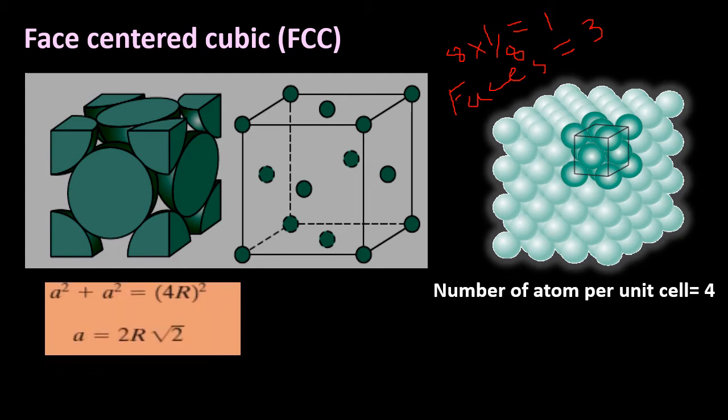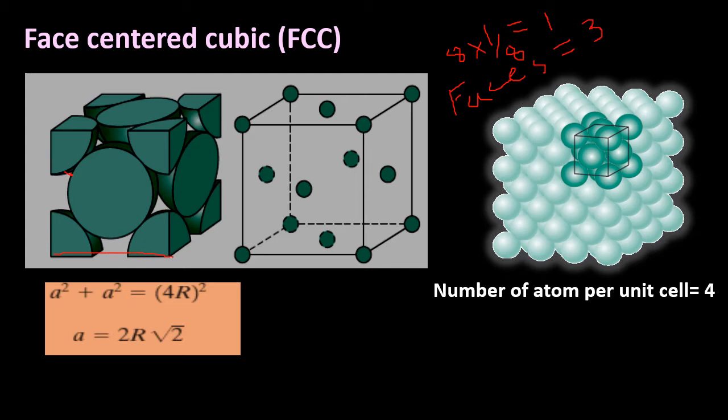Next, we take the hard sphere model, and we need to define the relation between the cube edge length, that is a, and the atomic radius R. Let's say this is the hard sphere model, and this is the front face, and each corner atom contributes only its 1/8 part.